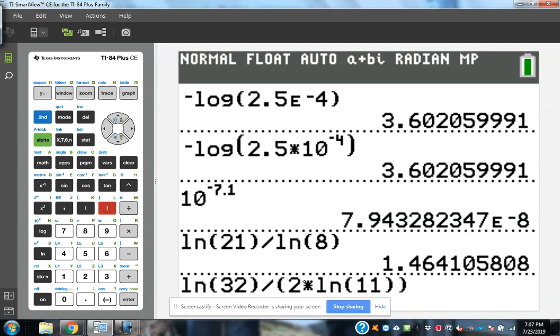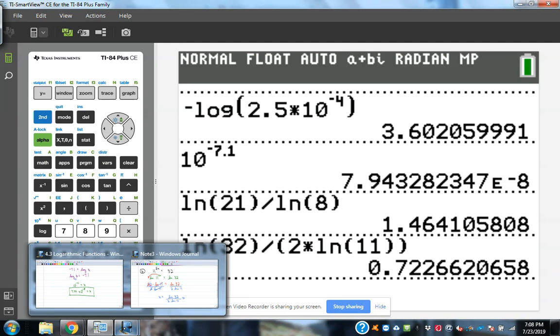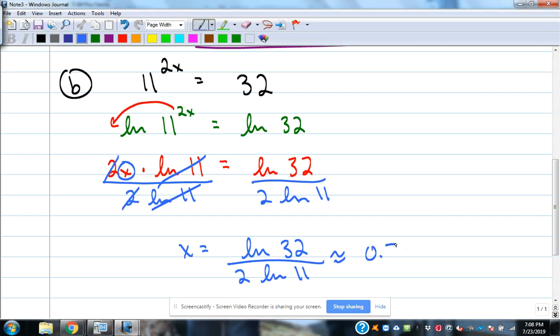That way it gets the 2 in the denominator and the natural log of 11 in the denominator. We get 0.722, and we look at the fifth number, it's a 5 or bigger, so that means the fourth number goes up. So 0.7227 is the decimal approximation for that one.